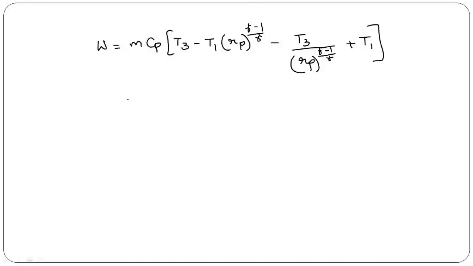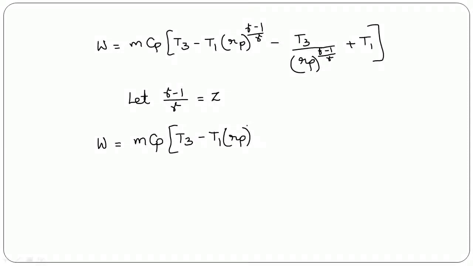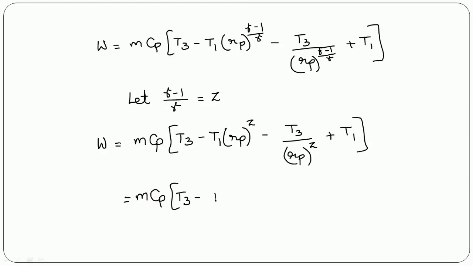Now let us consider gamma minus 1 by gamma equal to some z. Now from this work done will be equal to mCp into T3 minus T1 into Rp to the power z minus T3 by Rp to the power z plus T1. Now we can write this as mCp into T3 minus T1 into Rp to the power z minus T3 into Rp to the power minus z plus T1.